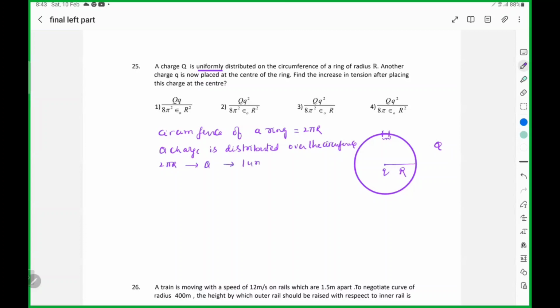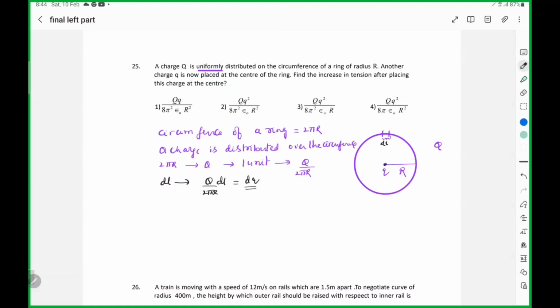For 1 unit length, the charge distributed is Q by 2 pi r. Or let us assume the length of this as dl. For dl length, the charge distributed is dq.